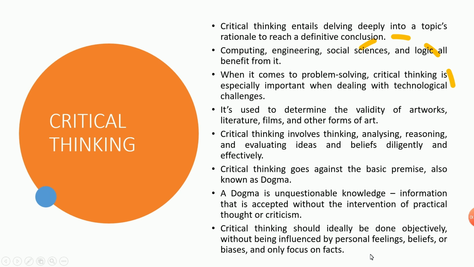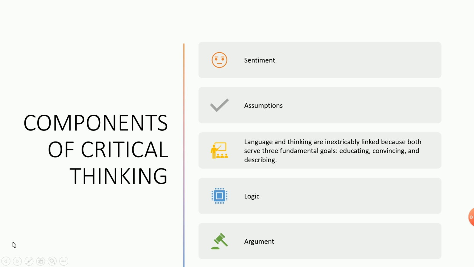In court, we know the lady holding the scales with her eyes blindfolded. Like that, we should not have any influence of personal feelings, biases or beliefs. We should only focus on the facts. That is known as critical thinking.